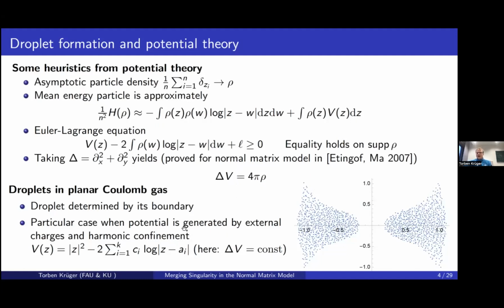So now I will specialize for a moment to where we have a potential of a special form, so in this case a sum over external charges. So we have now a harmonic potential, and then we add some external charges c_i at positions a_i.